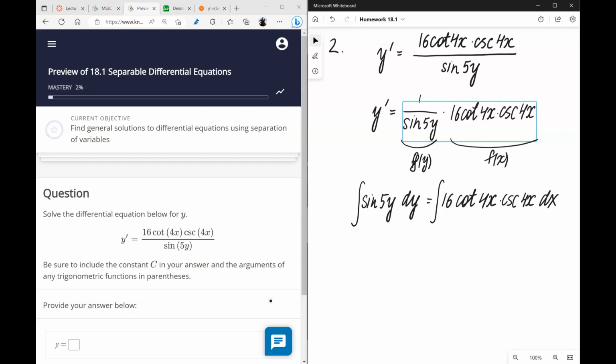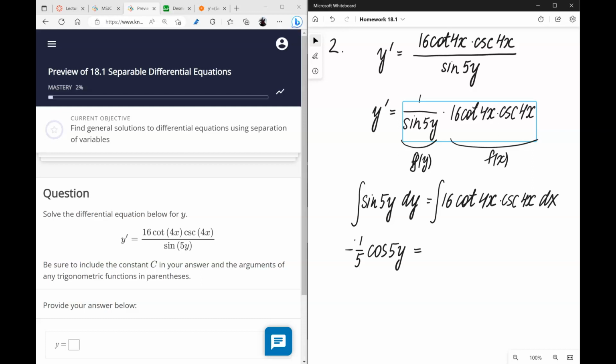The next step is to integrate. This is where we get to use our knowledge of integral calculus. On the left side we have negative 1/5 of cosine of 5y. This is just a linear substitution such as t equals 5y.